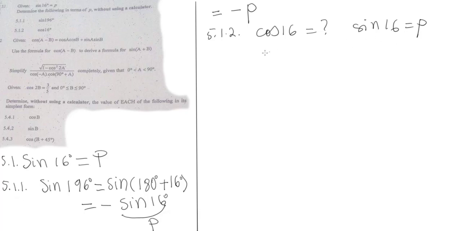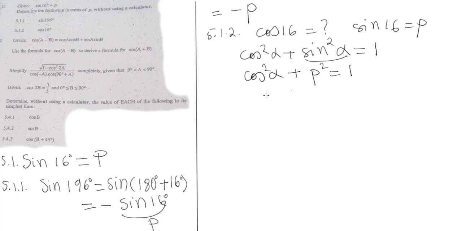When we have the same angle, you can use the formula cos squared alpha plus sin squared alpha equal to 1. Our sine will be p, so we have cos squared alpha plus p squared equal to 1.